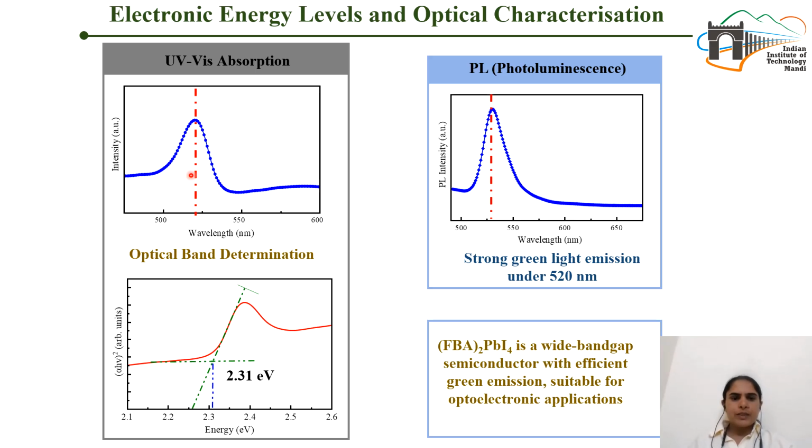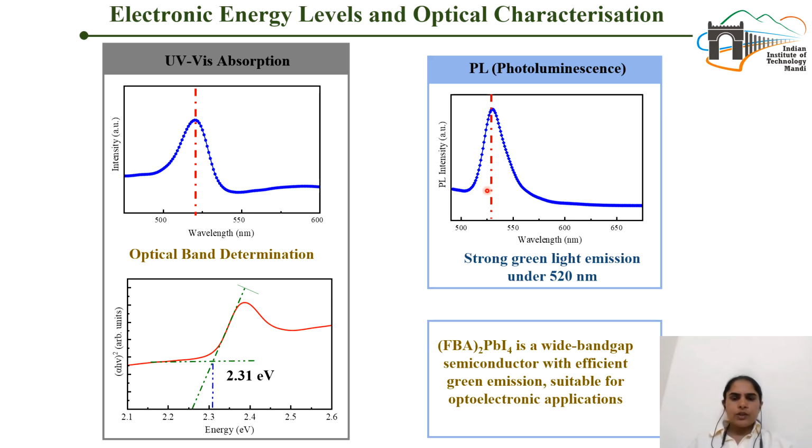And the UV-visible spectra show absorption at near about 520 nanometer wavelength, which indicates a highly pure phase of the 2D material. From the Tauc plot, we calculated the band gap, which is near about 2.31 electron volt.